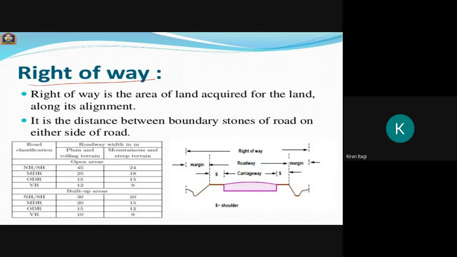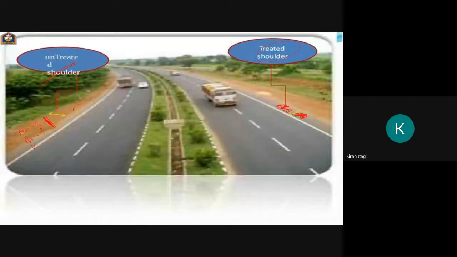Then what is the right of way? Just now I said it is the combination of all things. Right of way is the area of land acquired for the construction of the road along its alignment. It is the distance between the boundary stones of the road on either side, meaning this complete area from here to here.